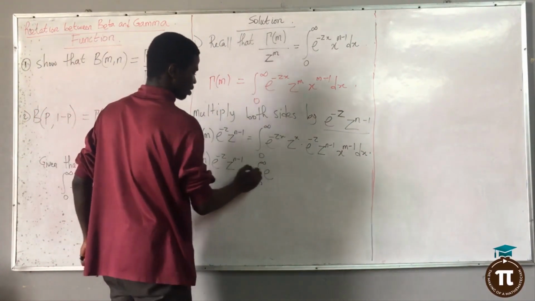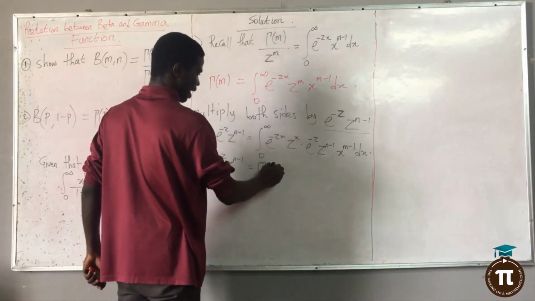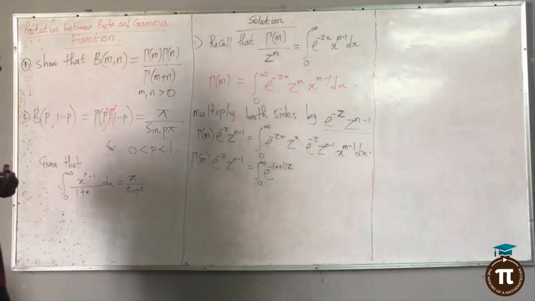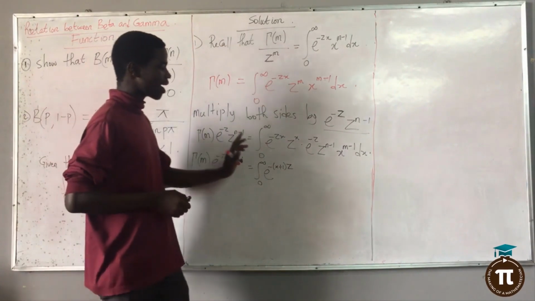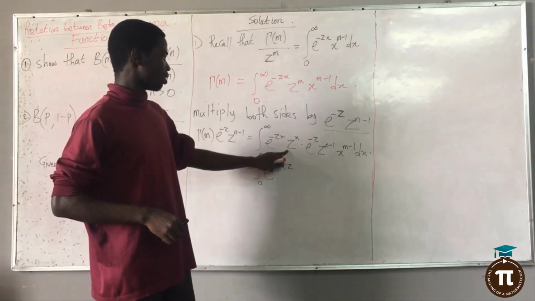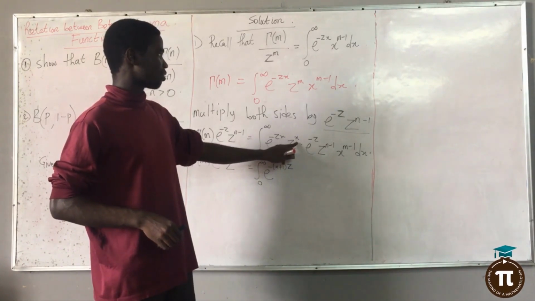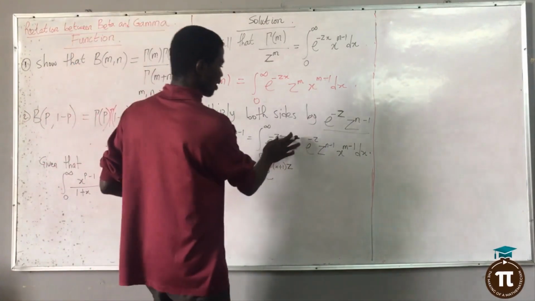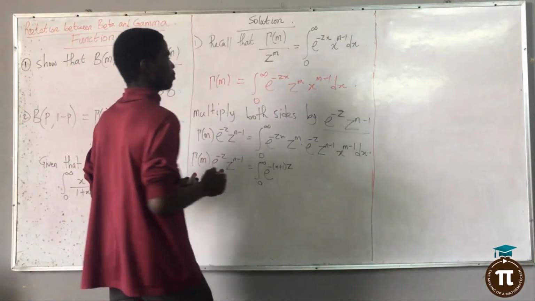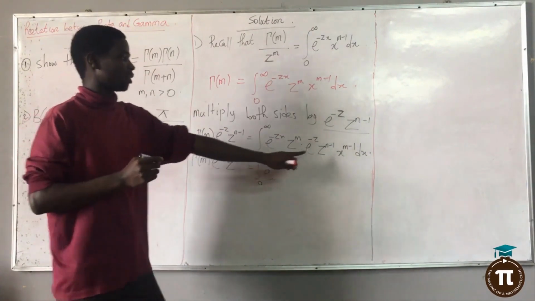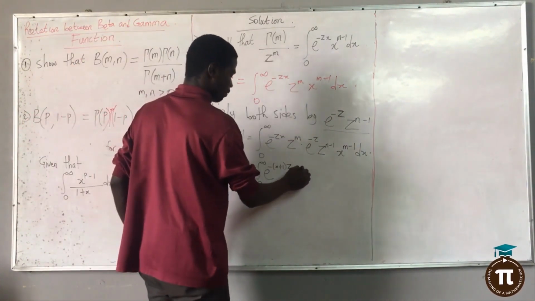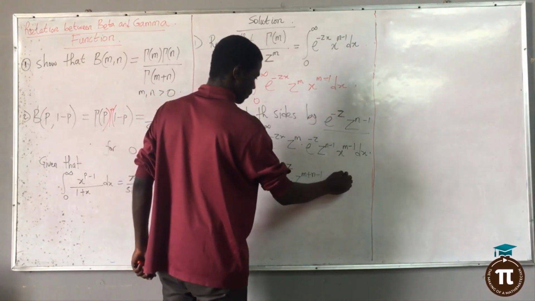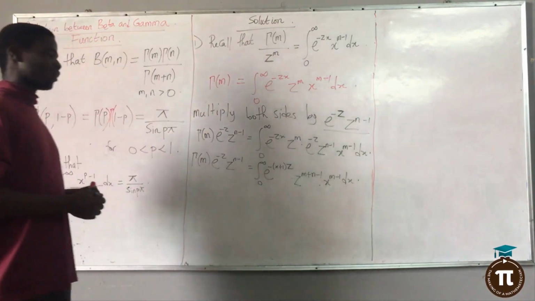I can write it as e raised to the power of minus x plus 1 times z. Then I have z raised to the power of m, multiplied by z raised to the power of n minus 1, multiplied by x raised to the power of m minus 1 dx. That is what I'm going to have.